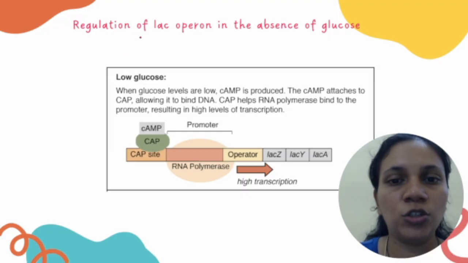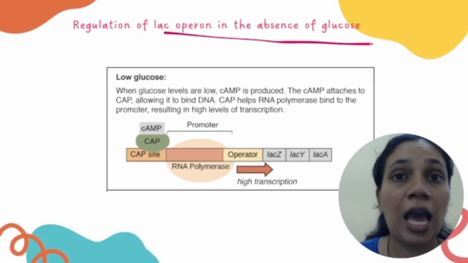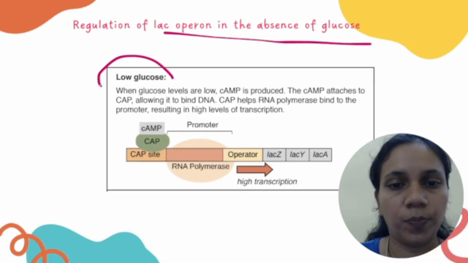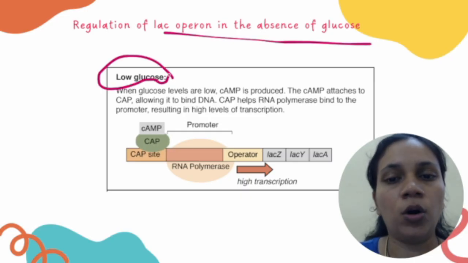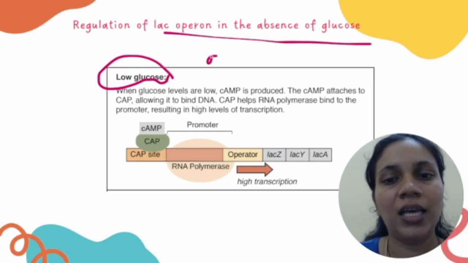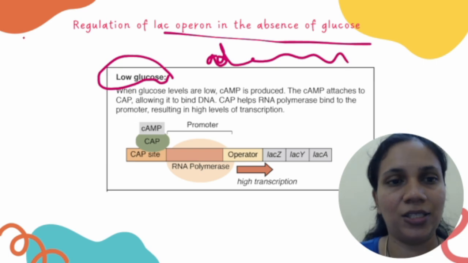That is the regulation of Lac Operon in absence of glucose. Now this glucose, if it is in very less quantity, we have to understand one concept over here, that there is one enzyme called adenylate cyclase.